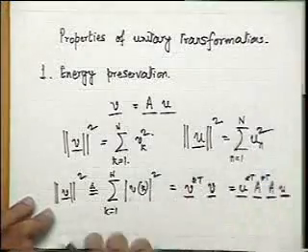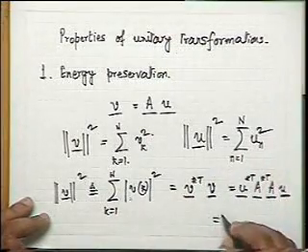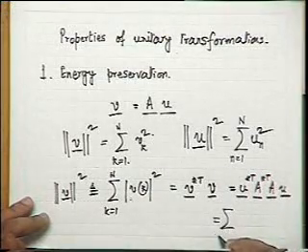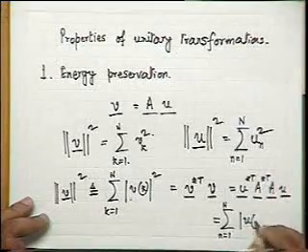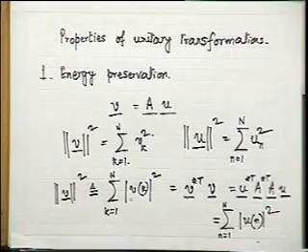So this simply reduces to U star transpose U, which gives me the sum over n equal to 1 to n of mod of Un square, which gives me the energy in the original vector. So unitary transformation basically preserves energy.